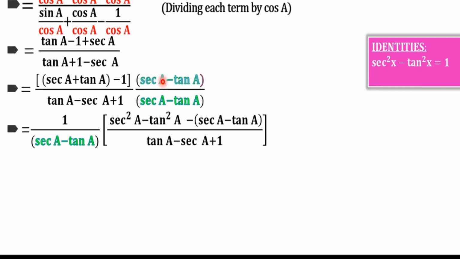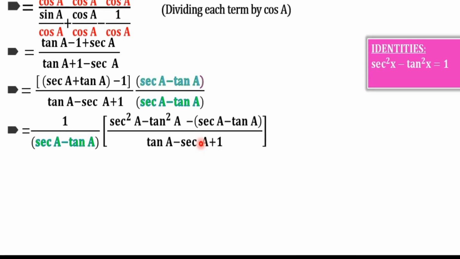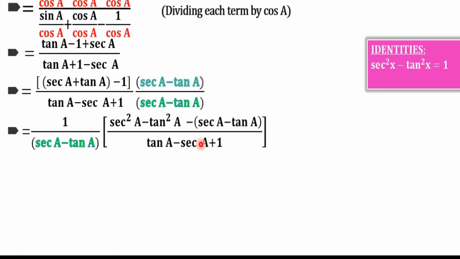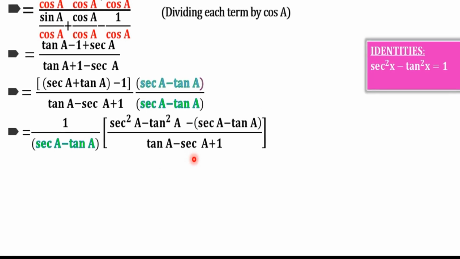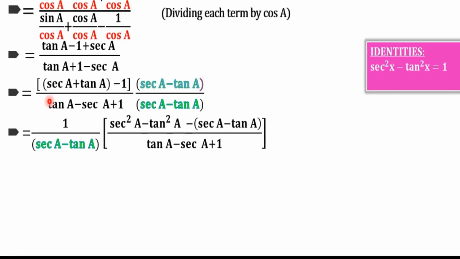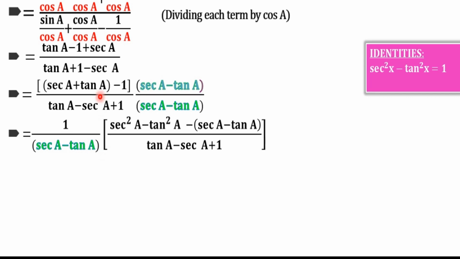For that, at first we have our denominator here, that is tan A minus sec A plus 1. We are not multiplying with that the (sec A minus tan A), because we have to retain that term.